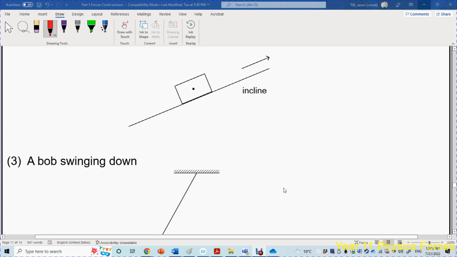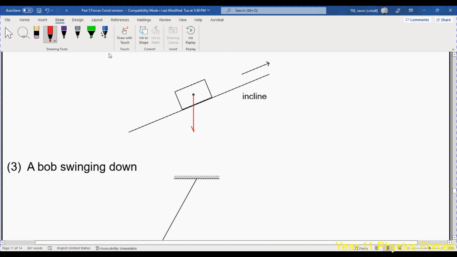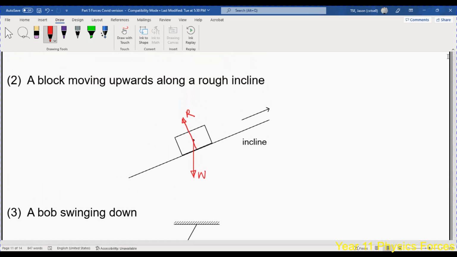All right. Weight and normal reaction, and for a rough incline, there must be friction.